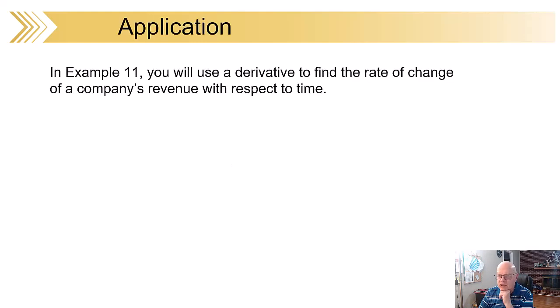Okay, an application. Calculus is all about rate of change, and we're going to find the rate of change of the company's revenue with respect to time. So this is like y and x, except we're going to use r and t. Now, if you feel more comfortable with y and x, you could just make a little note here.